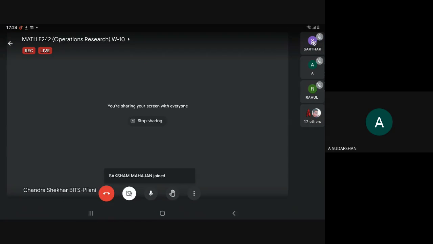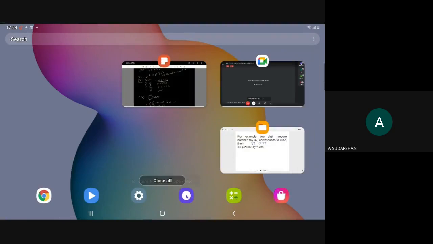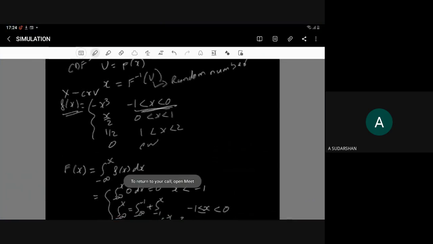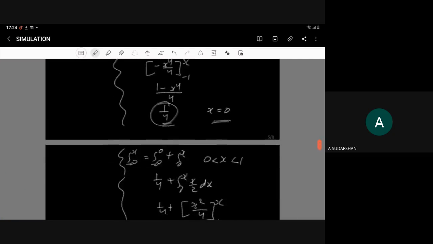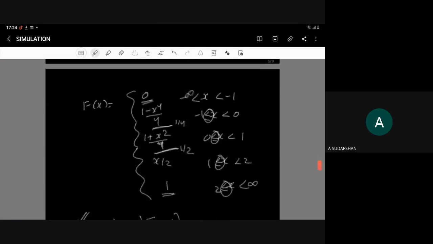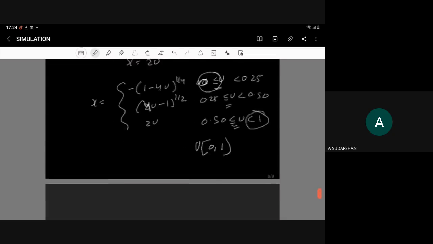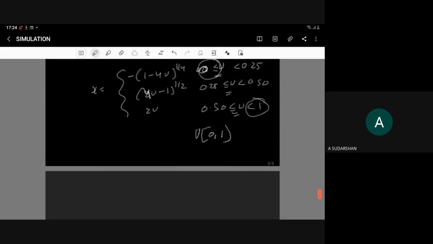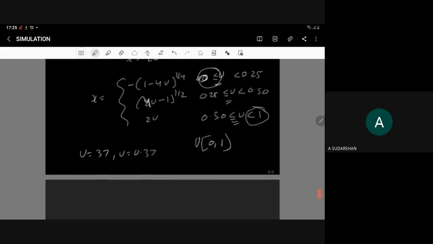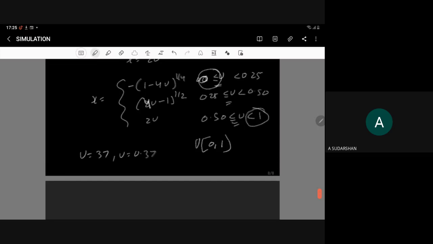When u is given to you as 37, or you can take 0.37, 0.37 lies in the second interval.